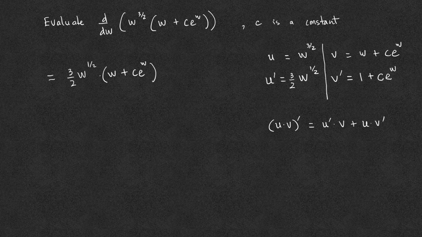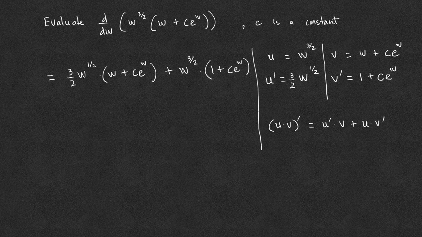We're not done yet. The second term, plus u times v prime, where u is w to the 3/2 power times v prime, which is 1 plus c e to the w.